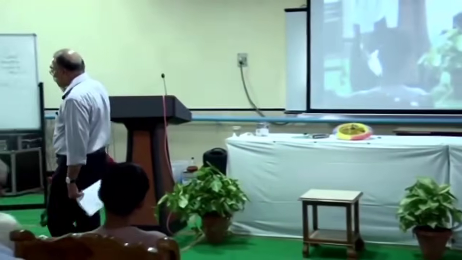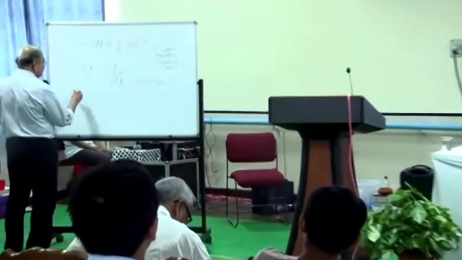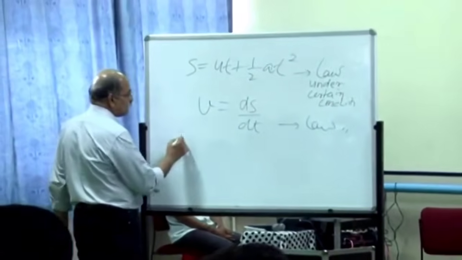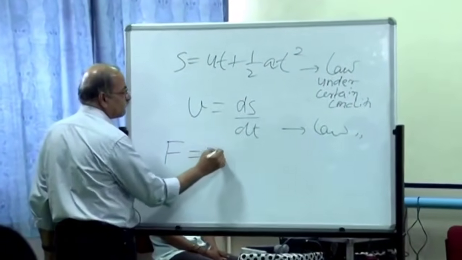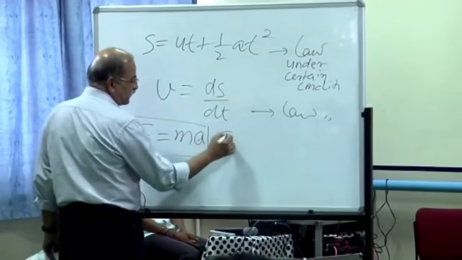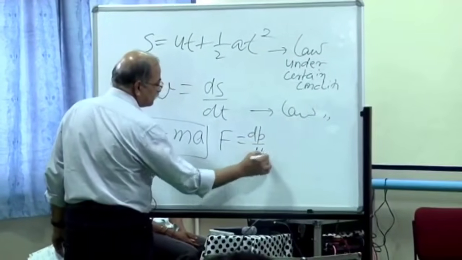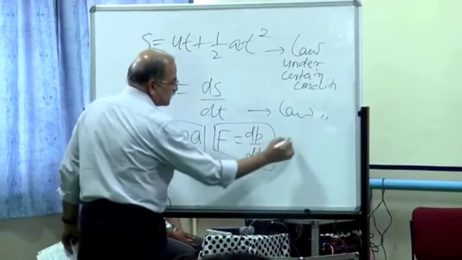the equation which will give me all those things is F equal to ma. Or F is equal to dp dt. What is P? What is its expression?